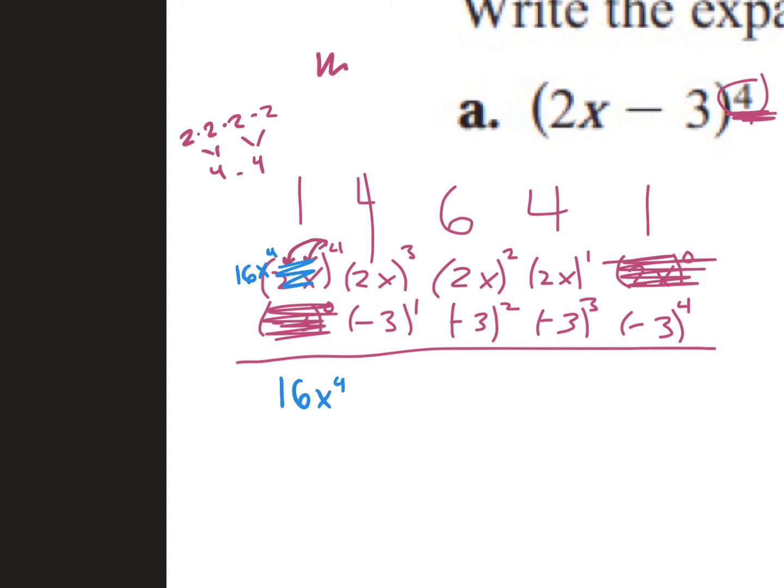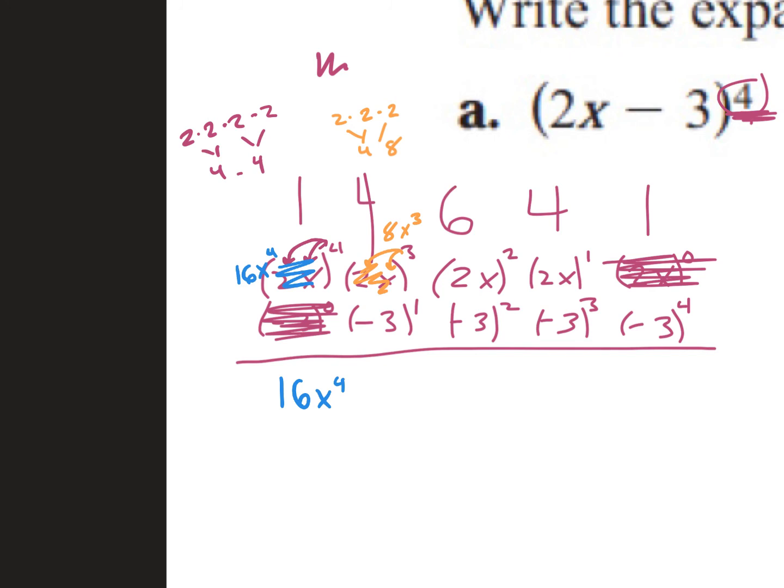Next, we have 2x cubed. So the 2 is cubed and the x is cubed. So 2 cubed would just be 2 times 2 times 2, which would be 8. So this is 8x to the 3rd power. So we have to multiply our coefficients together.